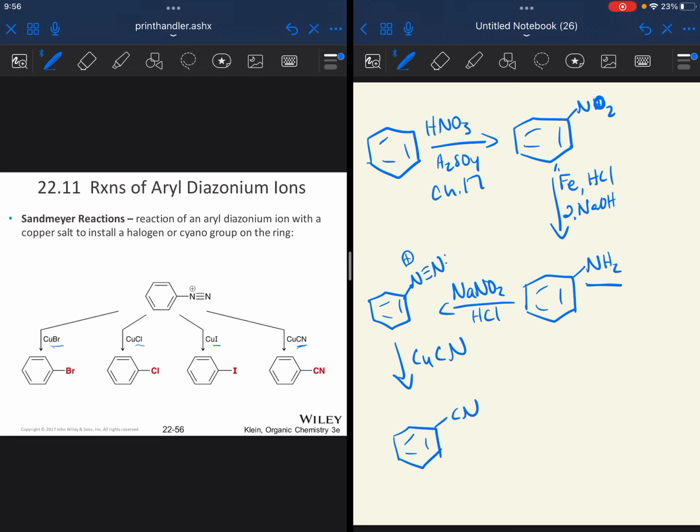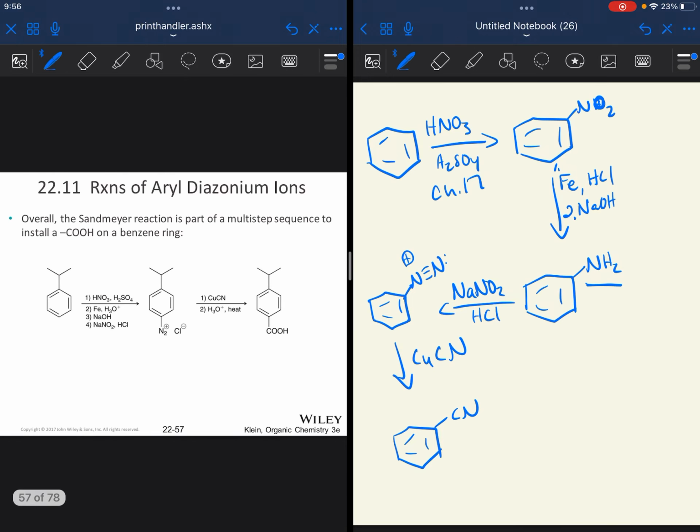Now we have a relatively, I won't say short, a reasonable synthetic route to making a cyanobenzene. And you can see how this could be useful here. Here's another example. There's no way to put both of these carbon groups on and then get a carboxylic acid. Now we know how to make a carboxylic acid on a benzene ring directly.